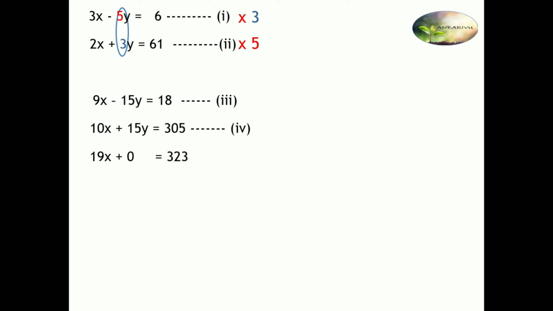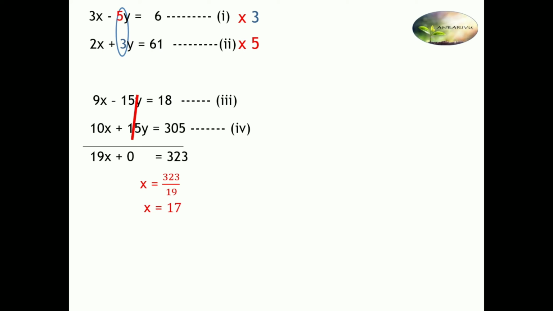Then 9x plus 10x is equal to 19x is equal to 305 plus 18 is equal to 323. 19x is equal to 323. Then 19 goes to the right hand side and becomes divide. x is equal to 323 by 19. x is equal to 17.